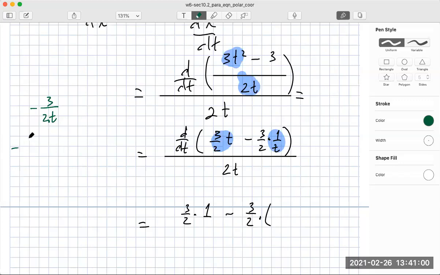We can write it as 3 times 1 divided by 2 times t, and by properties of fractions, it is the same as negative 3 over 2 times 1 over t. They're the same thing. Are we good, Aluk? Does it answer your question?